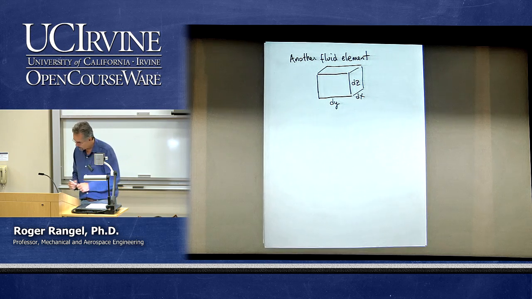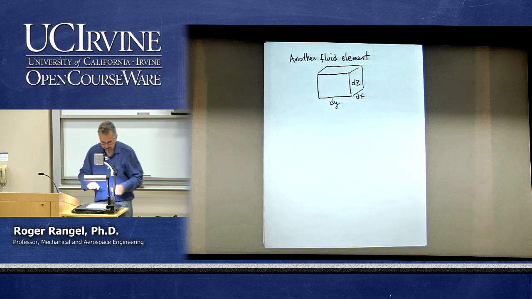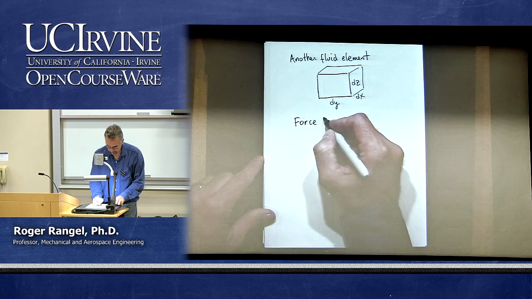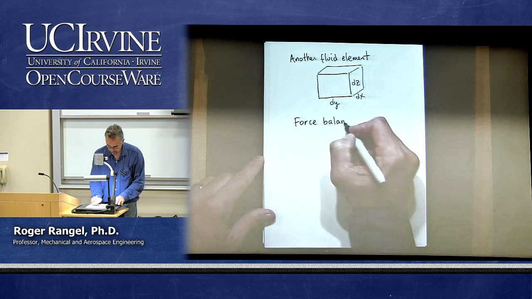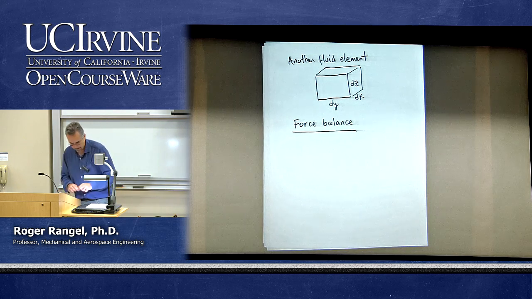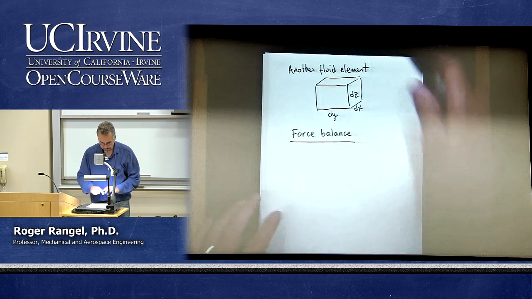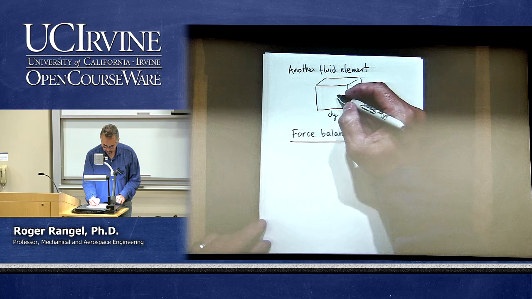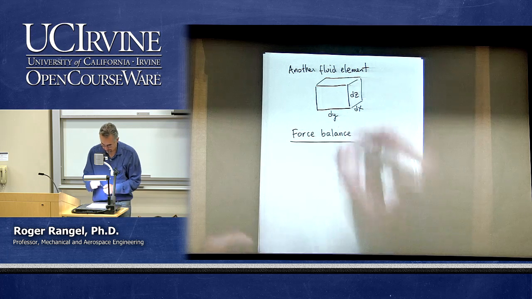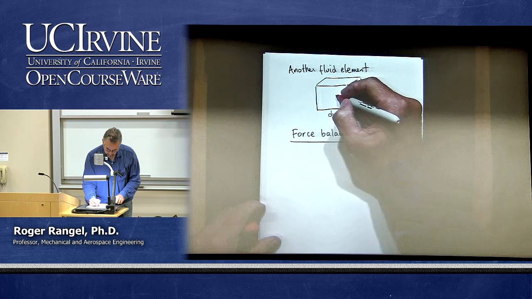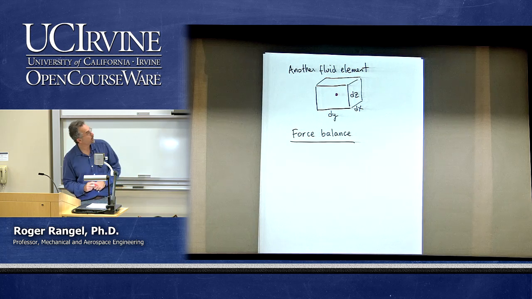I'm going to consider a force balance on this element. But now the situation is a little bit different. We're going to do this slightly differently. Let's say that I have a reference point, which will be the center of this element, the origin of our system of coordinates.